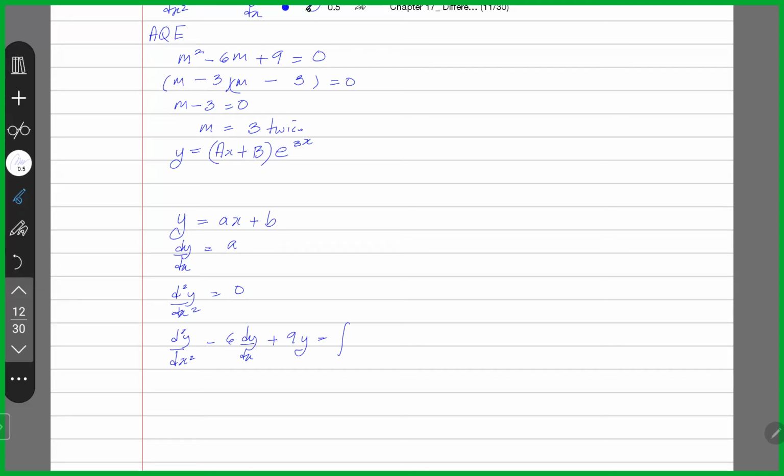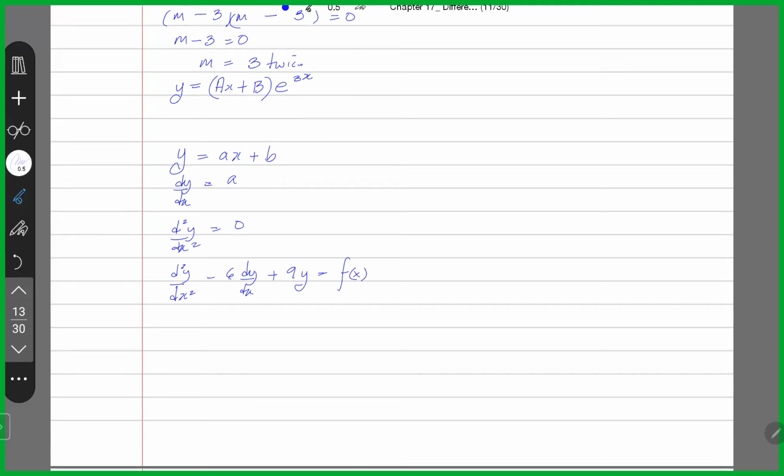Going back to this equation, we can say that 0, which is what d2y by dx squared is equal to, minus 6 dy by dx, which is a, plus 9y, which is ax plus b, is equal to f of x, which is 4x plus 1. And our objective is to determine the value of a and b.